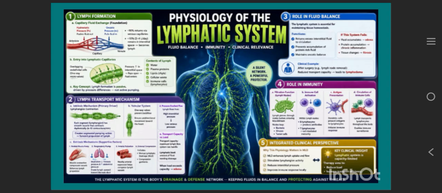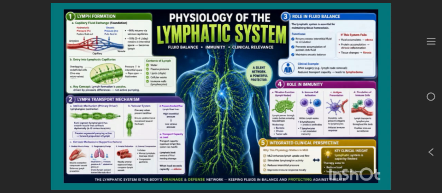At the level of blood capillaries, fluid movement is governed by Starling forces. Firstly, hydrostatic pressure, PC, pushes fluid out of capillaries into interstitial spaces. Secondly, oncotic pressure pulls fluid back into the capillaries due to plasma proteins.